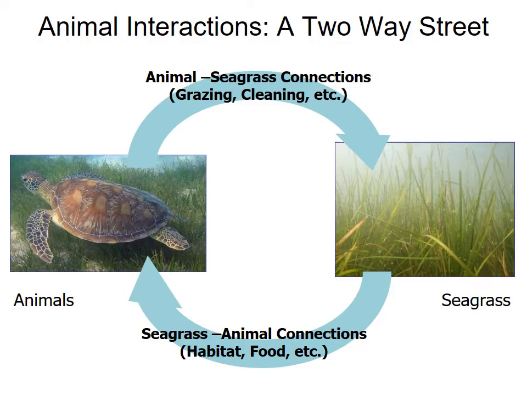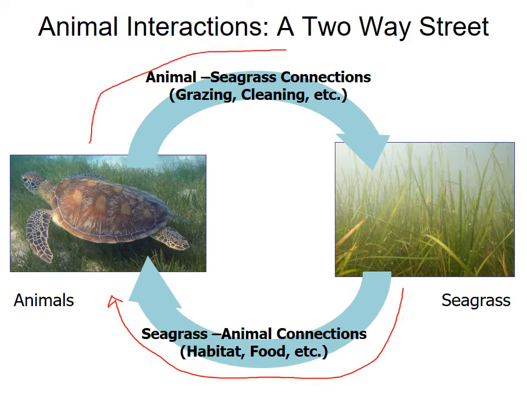So to understand how seagrass affects animals and animals affect seagrass, it's helpful to visualize this as a two-way interaction, where the seagrass affects the animals by providing them food, by providing a habitat and other means. And then the animals in turn affect the seagrass by eating it if they're grazers, by cleaning it.